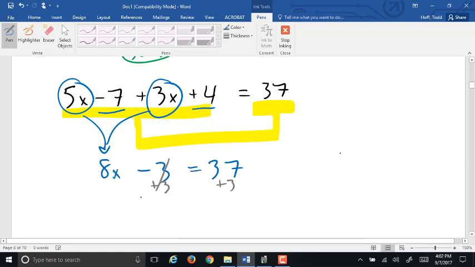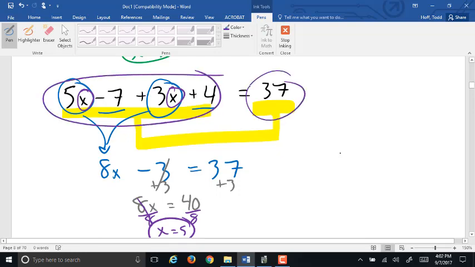Add 3. So now 8x equals 40. And then divide by 8. Good. So x equals 5. And again, we could go back and replace x up here with 5 and make sure we get 37 on this side to balance the 37 on that side.